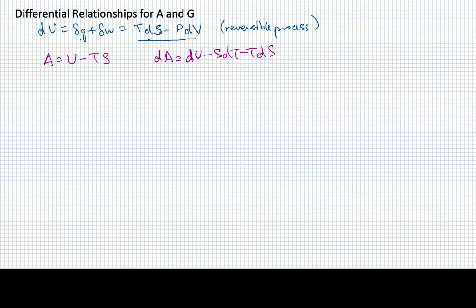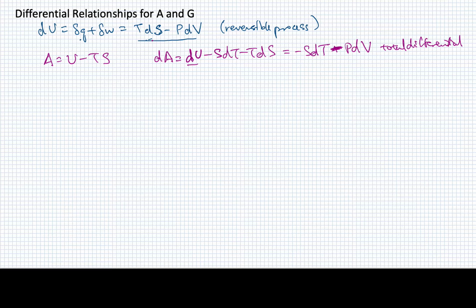But I have the expression for U given up here, so the TdS part is going to cancel, and I'll end up with a differential that looks like this. Oops, minus PdV. So in essence, without doing very much work at all, I can already derive an expression for the total differential of my Helmholtz energy.